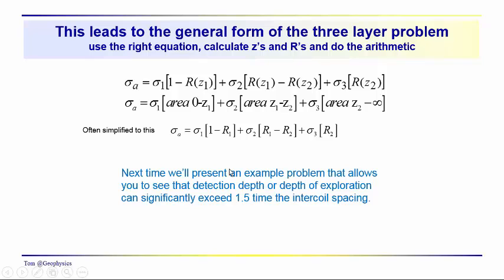And so the next time we're going to present an example problem that will show you how the detection depth, or the depth of exploration, can actually exceed 1.5 times the intercoil spacing. This rule of thumb, 1.5 times the intercoil spacing, is often used as the depth of investigation.